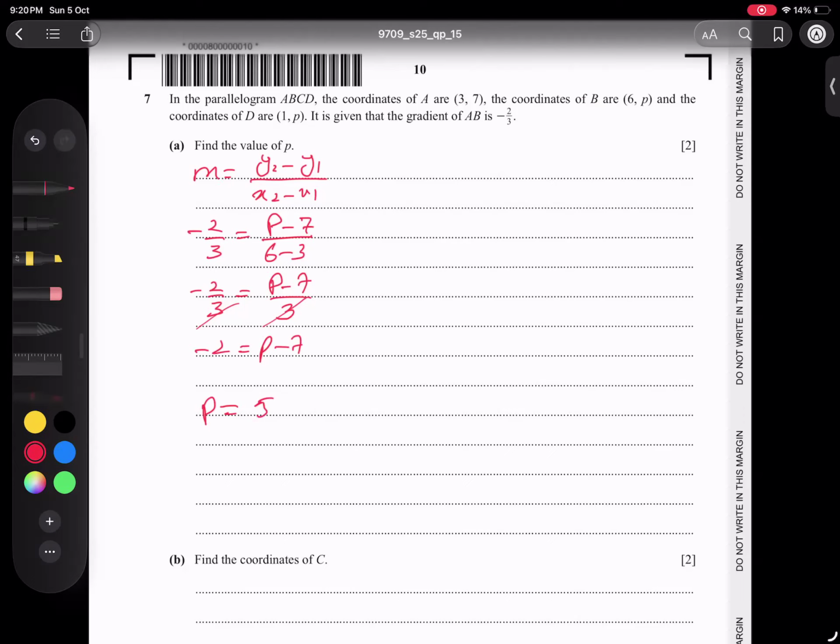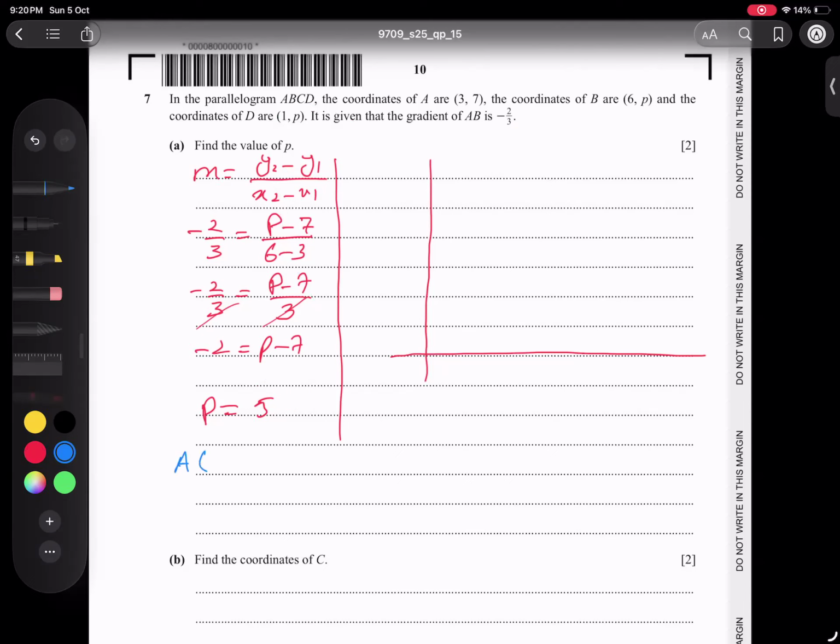As a teacher, I suggest you don't try the question without a diagram, okay? Have a look now. I'm going to make the diagram here, and the diagram will help you a lot to understand the concept. So all of you get ready. Okay, so I label A. What is A? A is 3, 7. A sketch only, no need for an accurate diagram. So first of all, I'm writing all the coordinates.